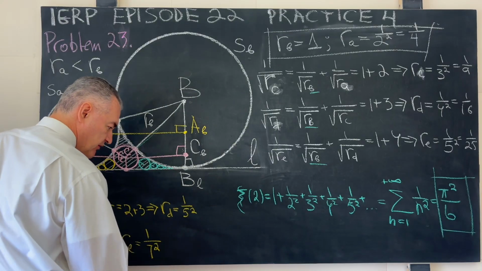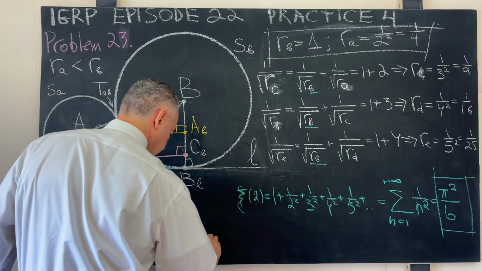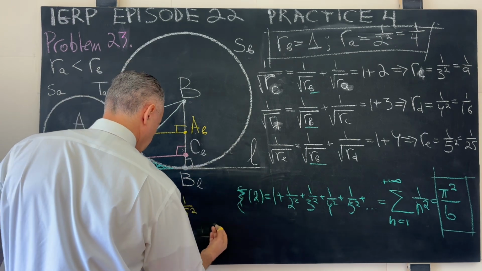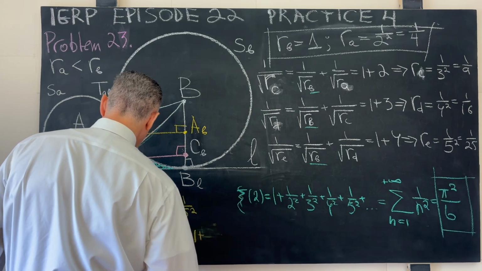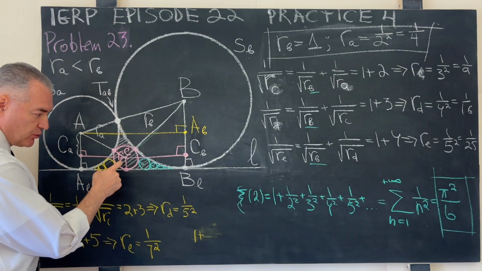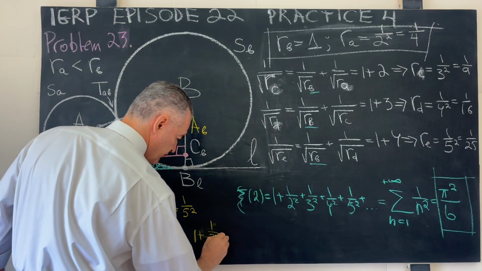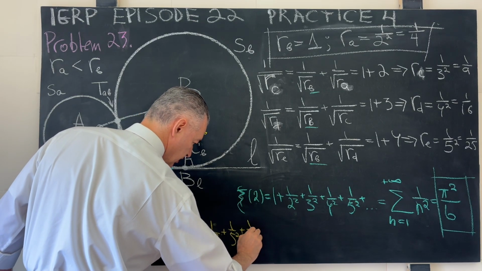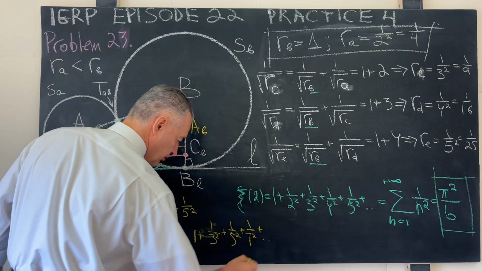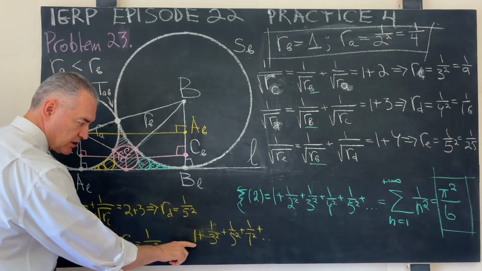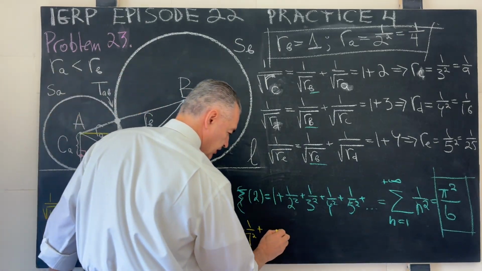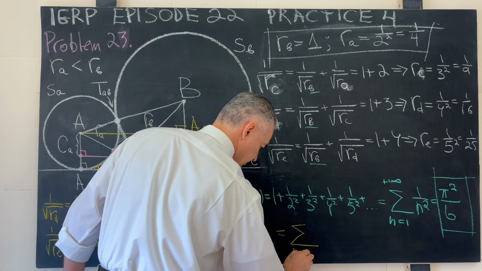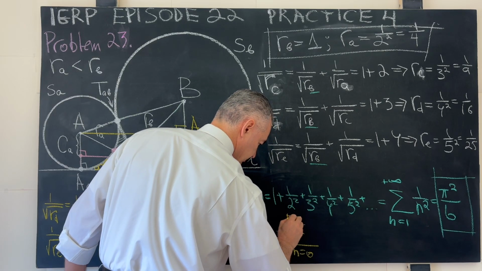So here we will have the following sum. It will be 1, let's say, if we grab the first one, 1 plus the circle that we inscribed, 1 over 3 squared plus 1 over 5 squared plus 1 over 7 squared plus so on. You understand what's going on? 1, 3, 5, 7. So here we will have another infinite sum that runs this time from 0 to positive infinity.